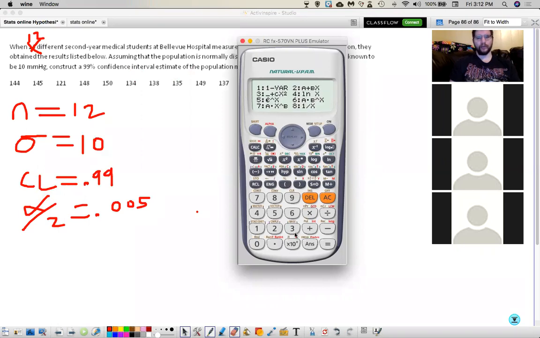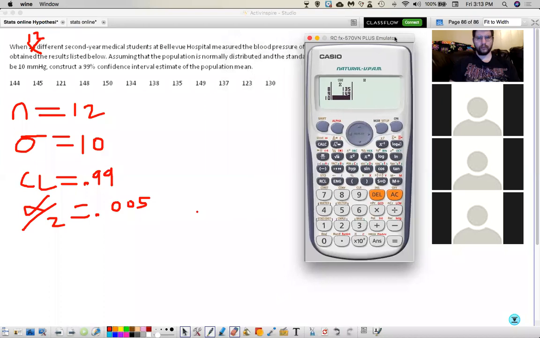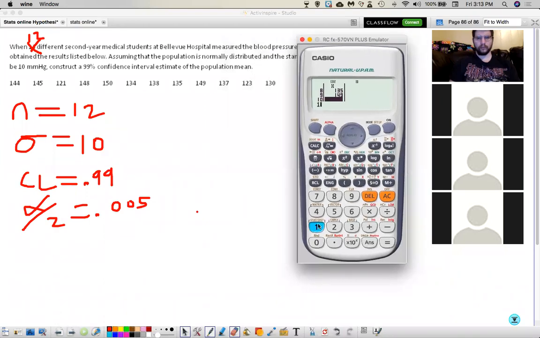Go to mode number 3, number 1, type it in. And there's 12 numbers. Again, I don't know why it's only 12 numbers and it should be 14, but that is what it is. So let's work with it.